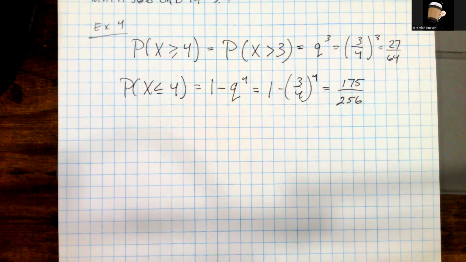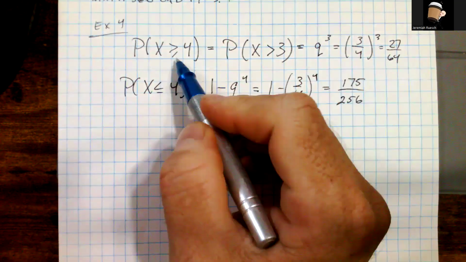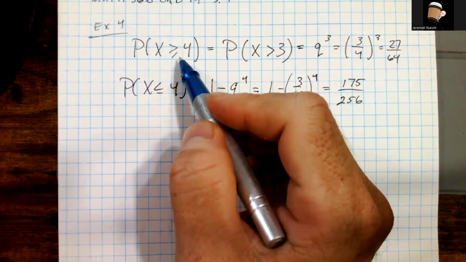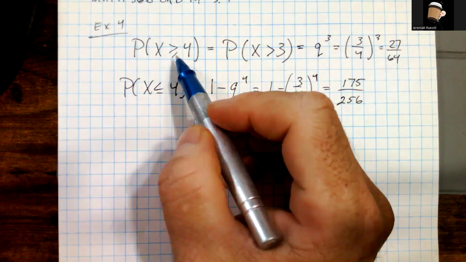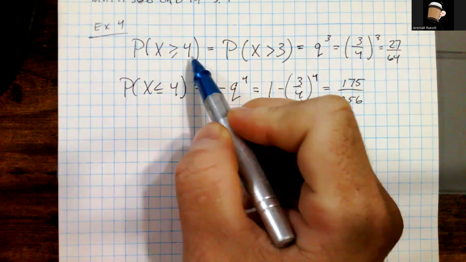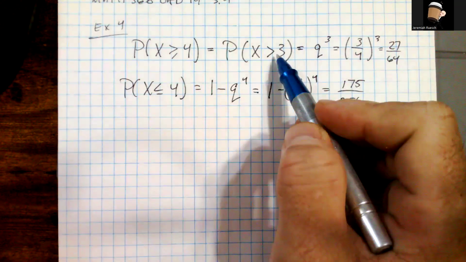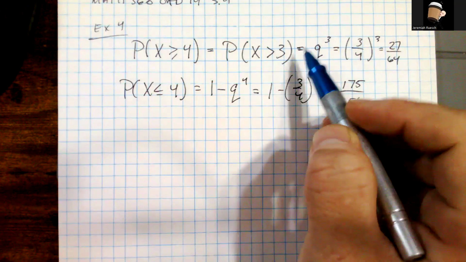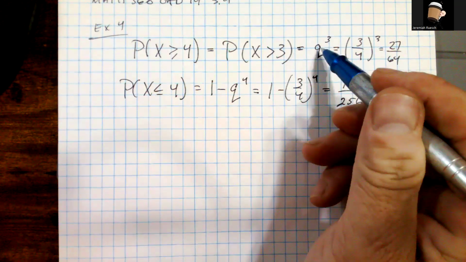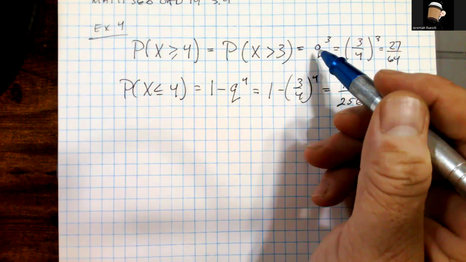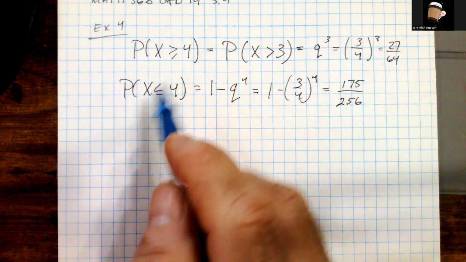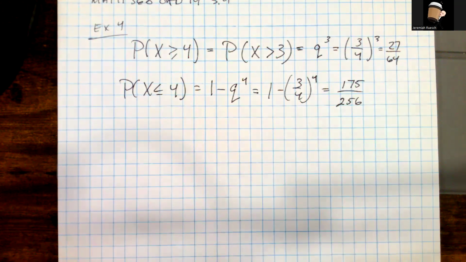All right, so we have the probability that at least 4 flies are checked to observe the white eye color is the probability of x greater than or equal to 4, which is equal to the probability of x being greater than 3, which is not seeing white eyes for the first 3 trials. The probability that no more than 4 flies have been checked for white eye color is the complement of that.